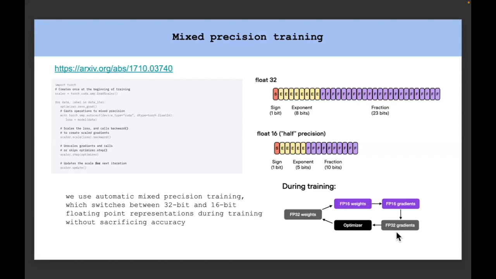This operation can speed up the training, but in several studies it was shown that it reduces the accuracy or performance of the model a bit. So we observed similar behavior.